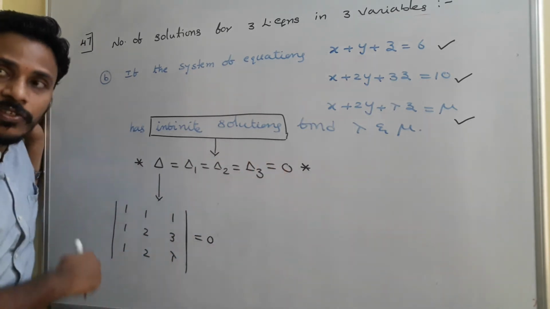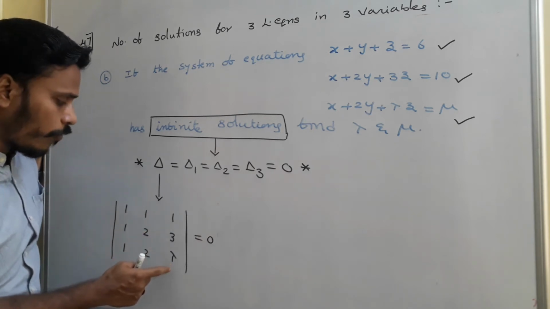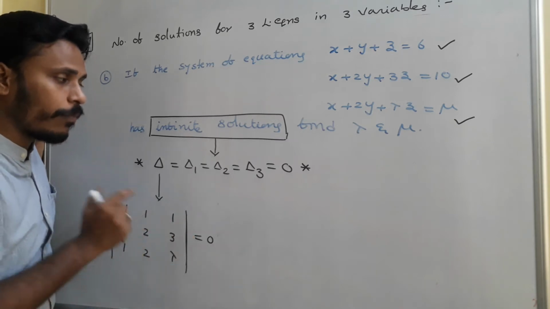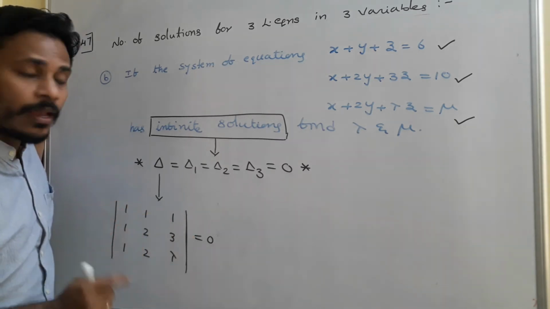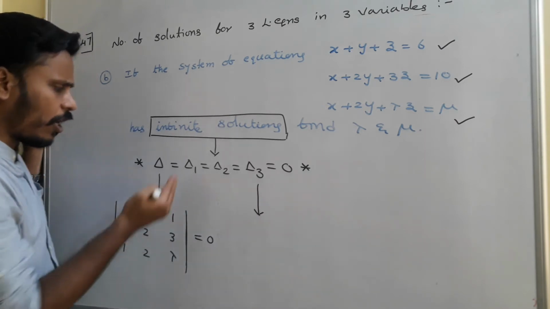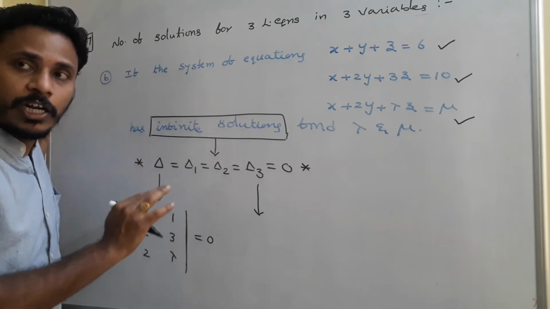If you observe this determinant, everything is known, only lambda is unknown. So if you find the determinant and equate it to 0, from there you will get that lambda value. And in the other case, you may go with delta 3, or delta 2, or delta 1, no problem.